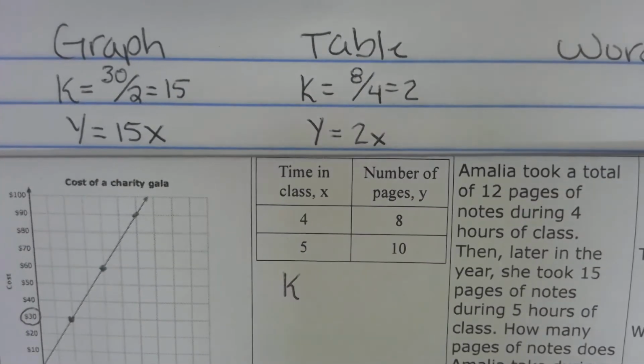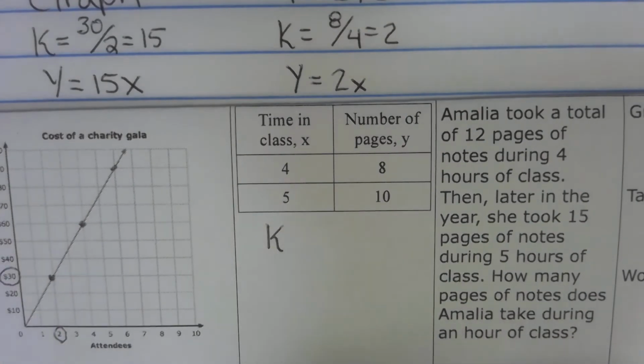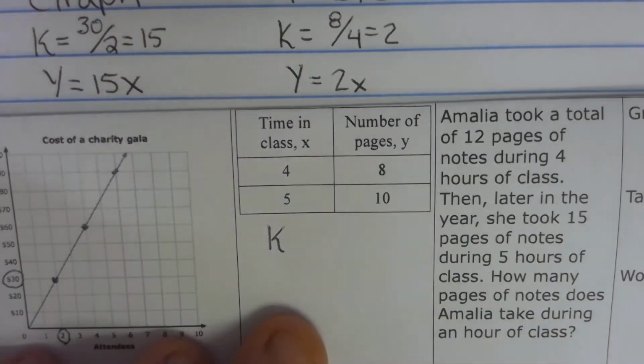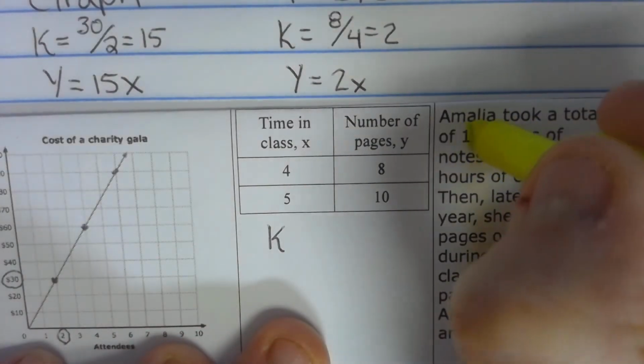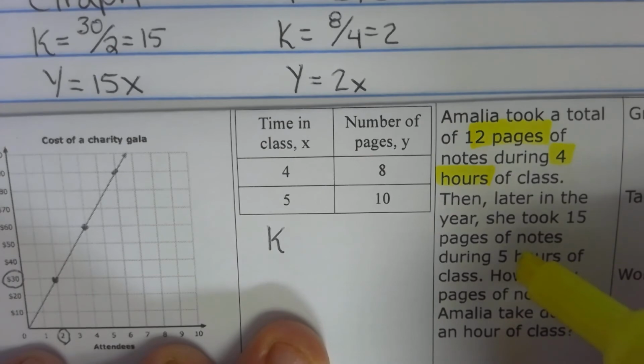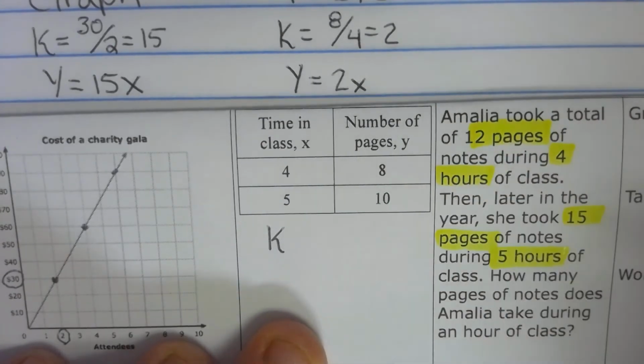Okay. Now for the words. Amalia took a total of 12 pages of notes during a 4-hour class. So we've got 12 pages, 4 hours. Goes further to say later she took 15 pages of notes in 5 hours.